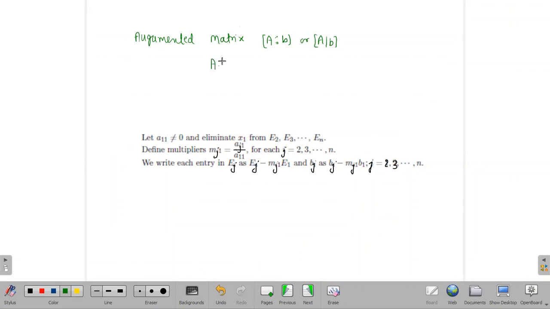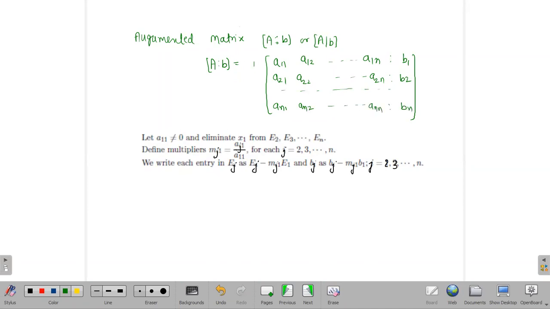So A|B will be a11, a12, means all the coefficients you write here, and this is the right-hand side column. a21, a22, an1, an2, ann, and bn. So this is E1, first row, second row, and so on up to the nth row.